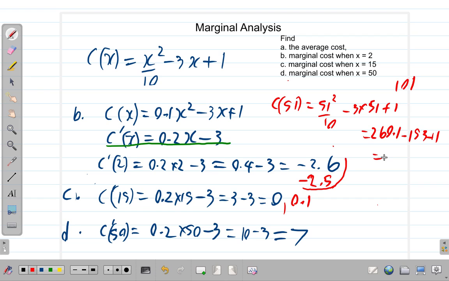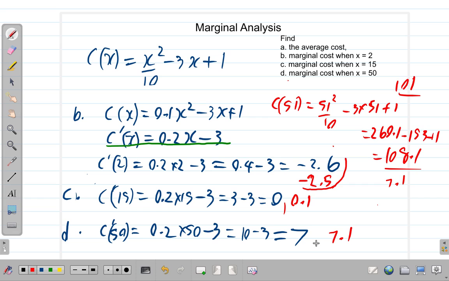So what you have is 260.1 minus 153 plus 1, which is 108.1. Alright, we have this and this. When we subtract them, 108.1 minus 101 is equal to 7.1.